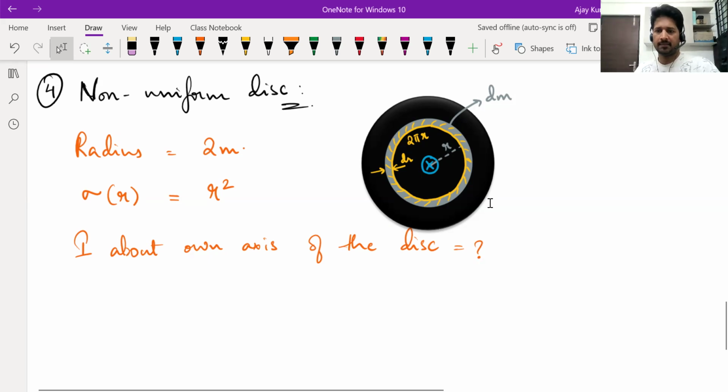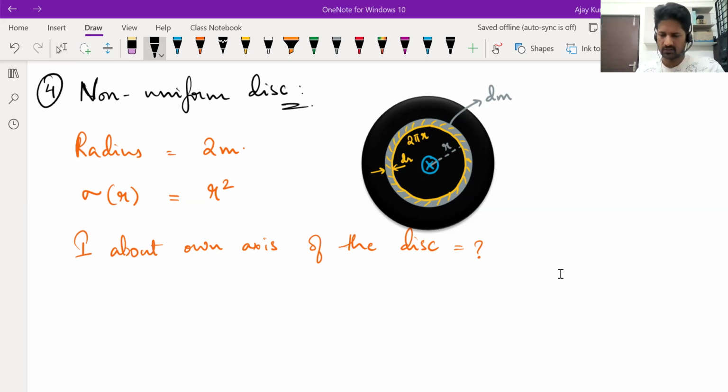Any answer? Okay, Aishwarya, how are you trying to solve this and where did you get stuck? Sir, I got an answer, 64 pi by 3, but I'm not sure. Okay, tell me the steps. Sir, I wrote dm is r square into dA.